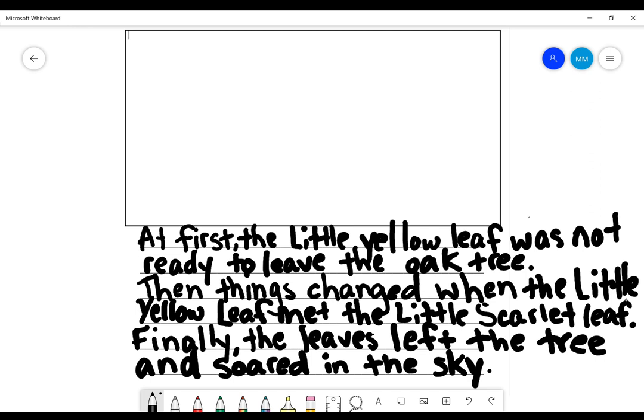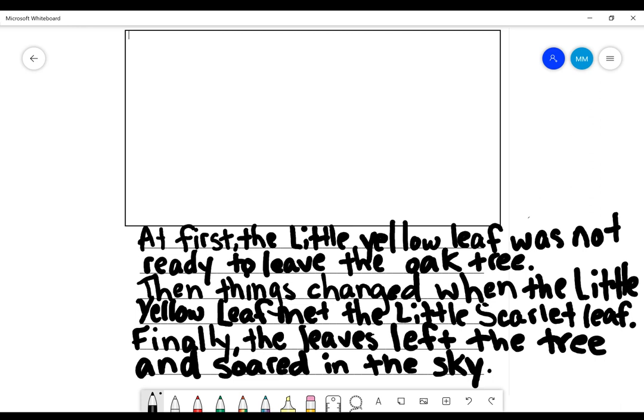Then things changed when the little yellow leaf met the little scarlet leaf. Period. Finally, the leaves left the tree and soared in the sky. All right, I think that made sense. And I talked about my characters, my setting, the problem, and the resolution.